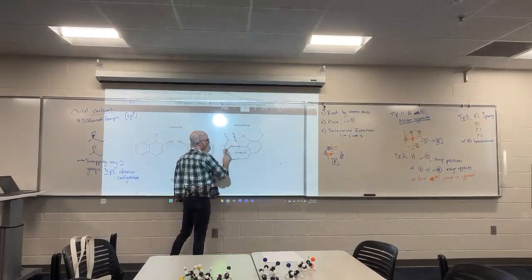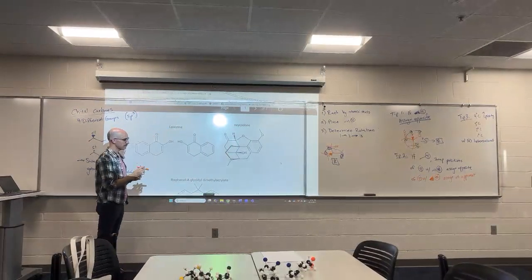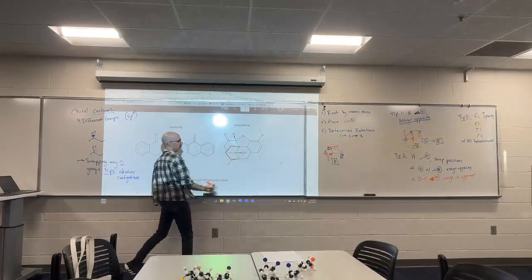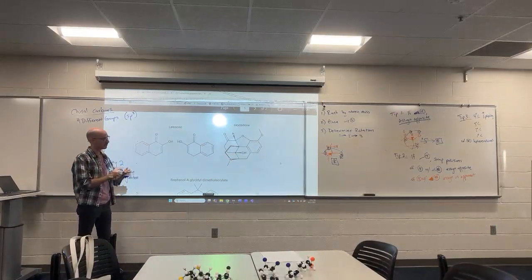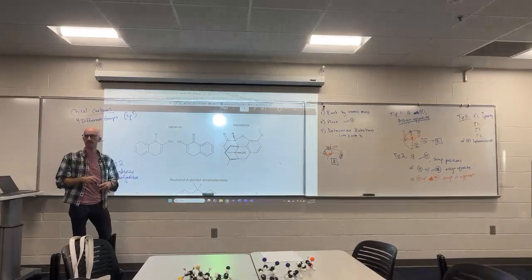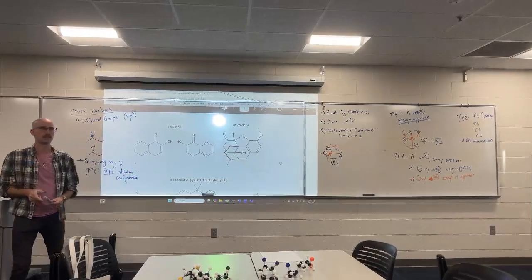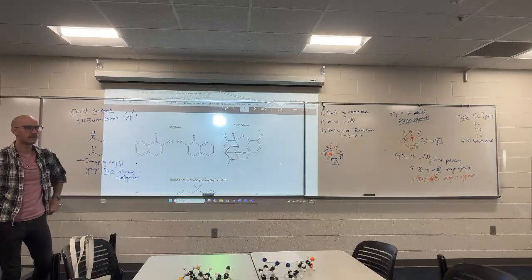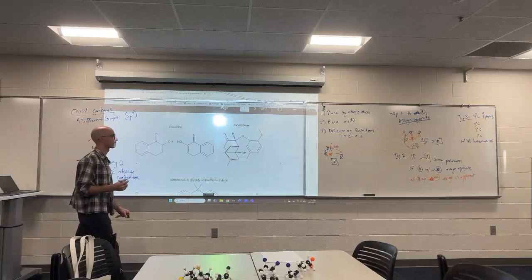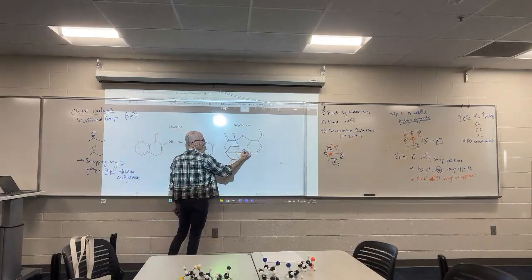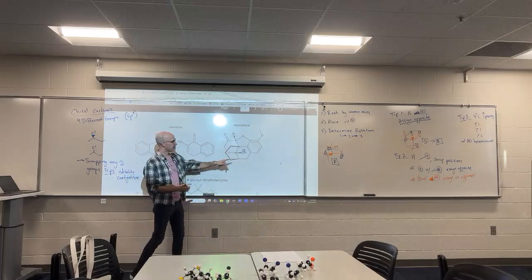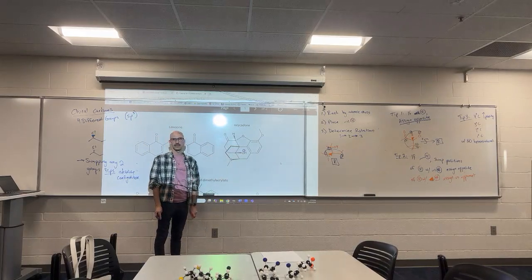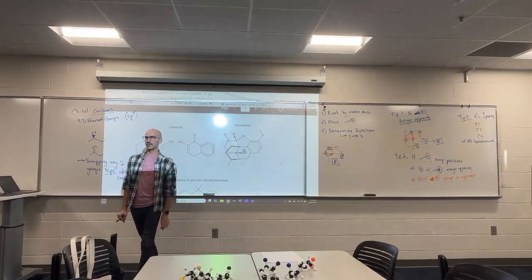Now this one I actually am going to keep in here. Can I assign priority number 1? Oxygen. Oxygen beats out carbon, carbon, and carbon. How can I rule out those carbons?